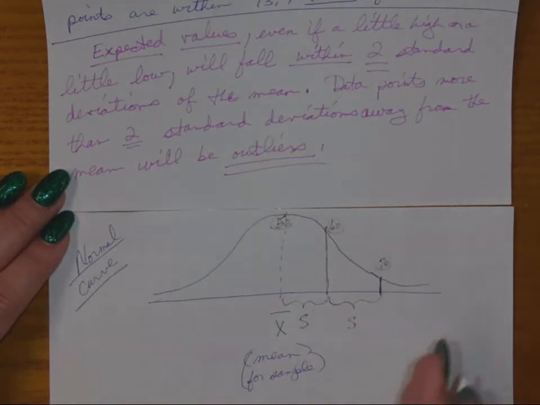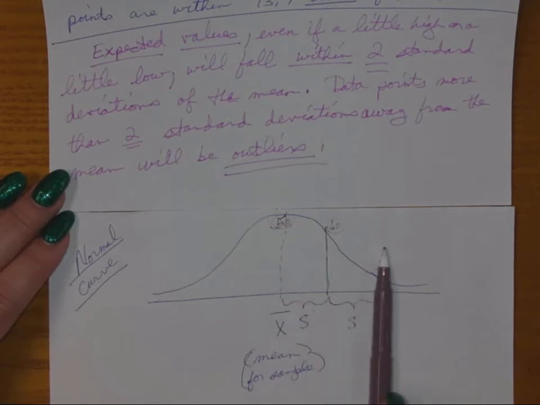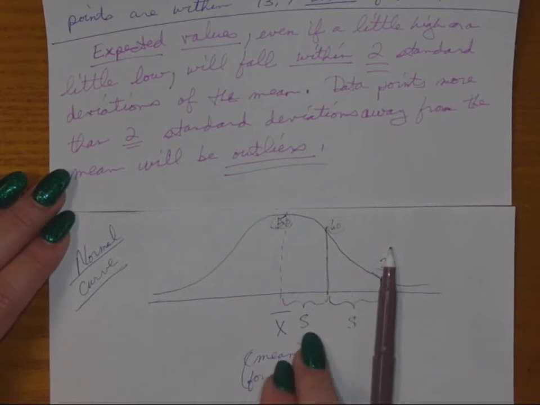Say this was my test scores, and my average score, my mean, was a 50. Then for that particular test, if you were a 60 or 70, you're within 2 standard deviations above my average. That's an expected data point.